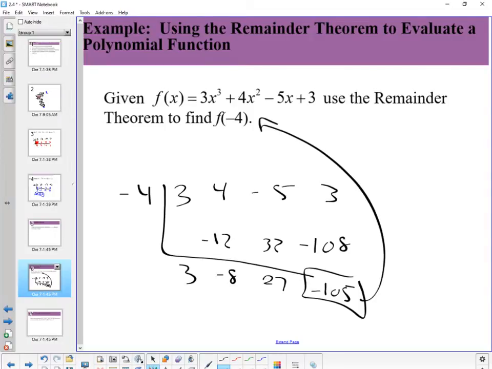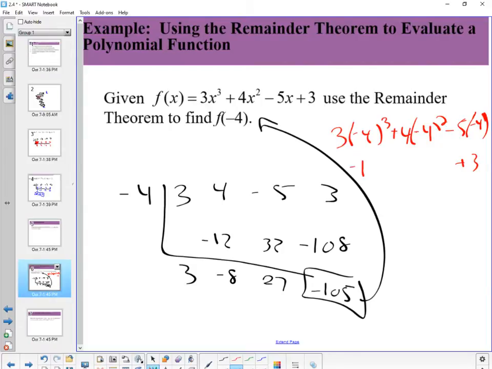Now, let's verify that, just because we're geeky like that, right? So let's do that real quick. 3 times -4 to the third, plus 4 times -4 squared, minus 5 times -4, plus 3. Why am I putting 3's in there now? It's not 3's. My 4's became 3's. -4, because it doesn't fit over my arrow. All right, so what is this? I'm going to use my calculator because I don't know how to do it in my head. 16 times 4, yeah, that's 64 times 3.